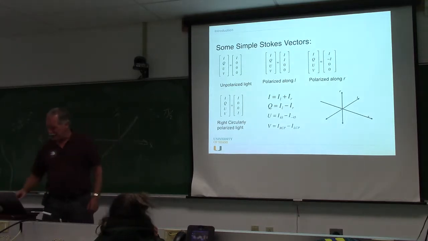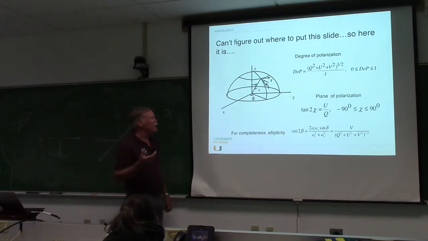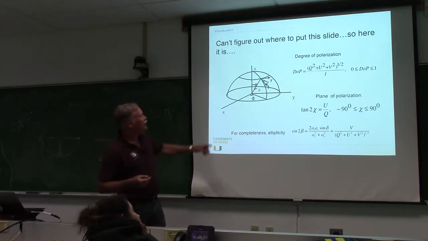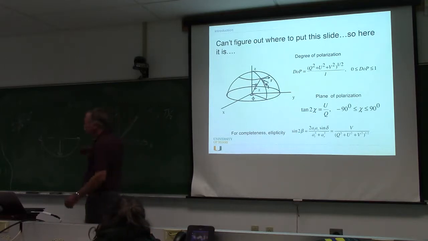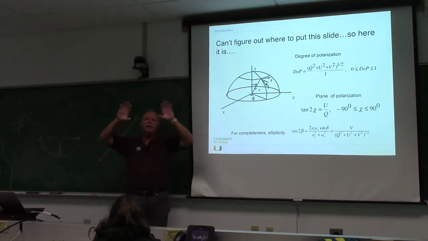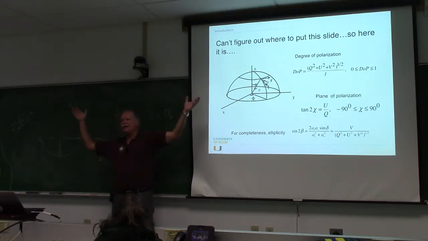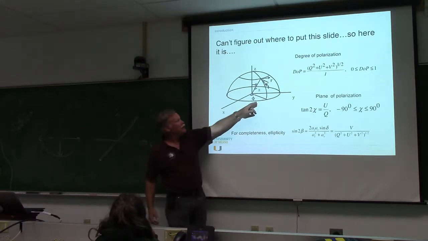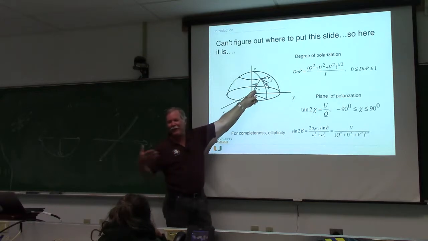Okay, so we have this. Now, here's a slide I couldn't figure out where to put, but I need to get a few definitions in here. The coordinate system that I'm going to use for polarization, because I'm concerned with polarization in the light field above me, is I have to have some way to describe what is the L plane and what's the R plane. For light coming at me, I have the experimental side, so I'm worried about light coming at me.